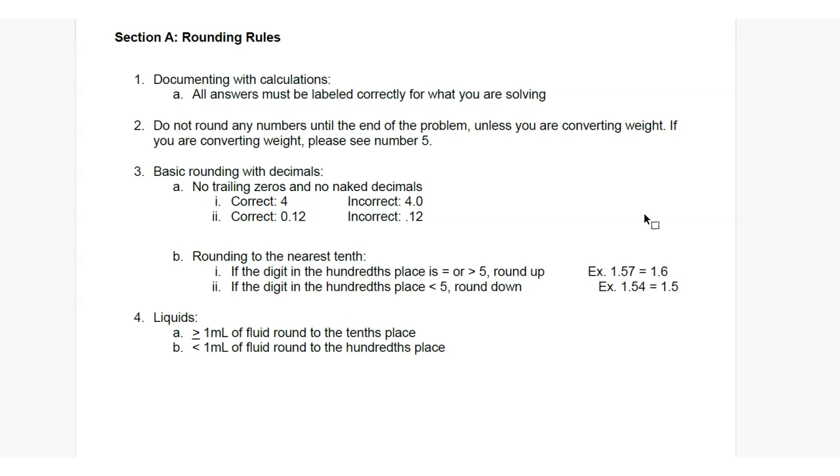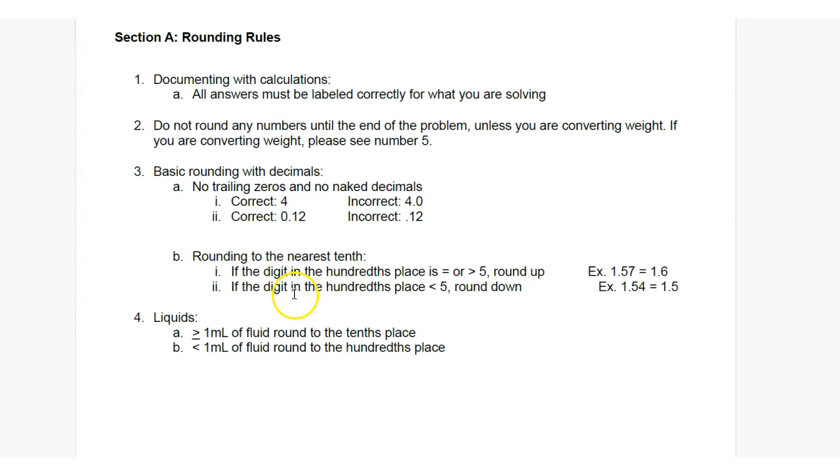In addition, rounding to the nearest tenths. If the digit in the hundredths place is equal to or greater than 5, you need to round up. Example, if the answer is 1.57 and you have to round to the nearest tenths, you're looking at the 7 over here, so after rounding, you're going to end up with 1.6.